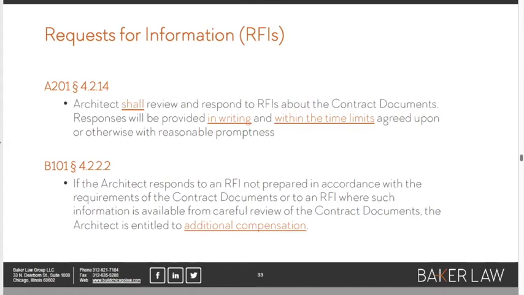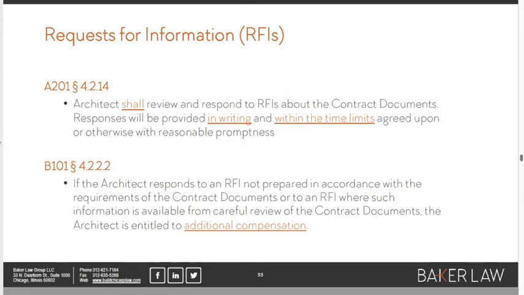Sometimes you'll see a contract that says the architect's got a week or two to respond. I hope that's not the case. I generally dislike that kind of language, but there might be a period of time where they have to respond by, or in the event that there is none, the architect has got to turn RFIs in 5 business days or something like that, with reasonable promptness.